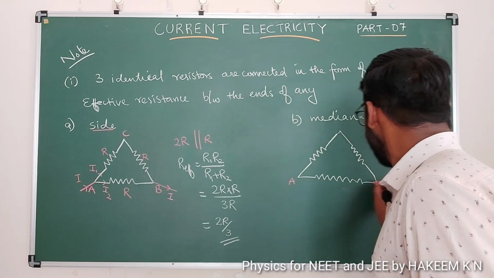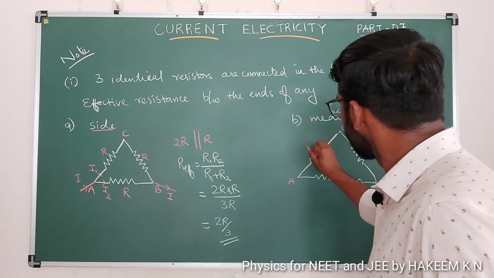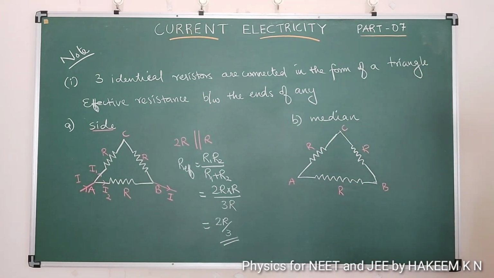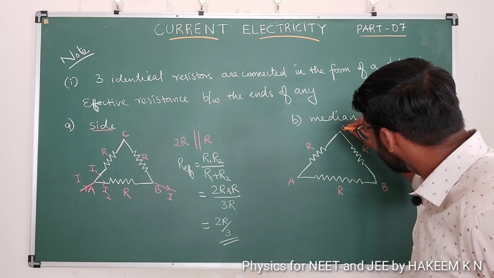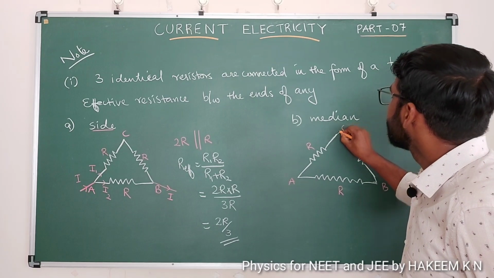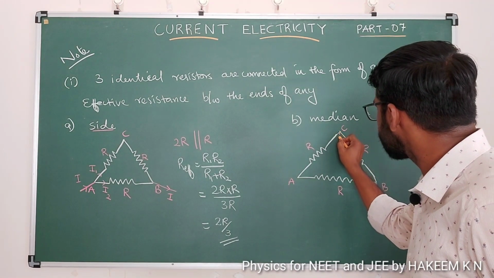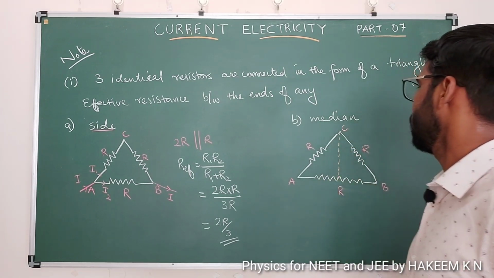Corners A, B, C, all resistors are identical. What do you mean by median? Median is actually a line connecting a vertex and the midpoint of the opposite side.